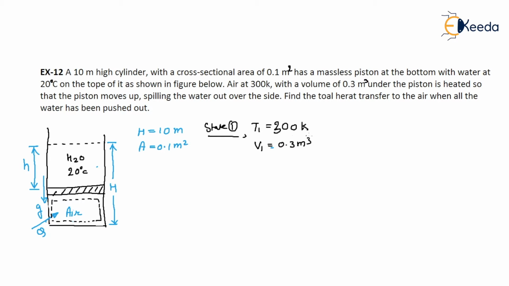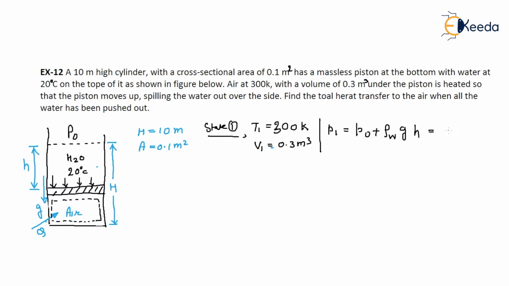So what is P1 at this point? What is the pressure exerted by the water at that point? P1 is P naught, the atmospheric pressure, plus rho of water times g times h.